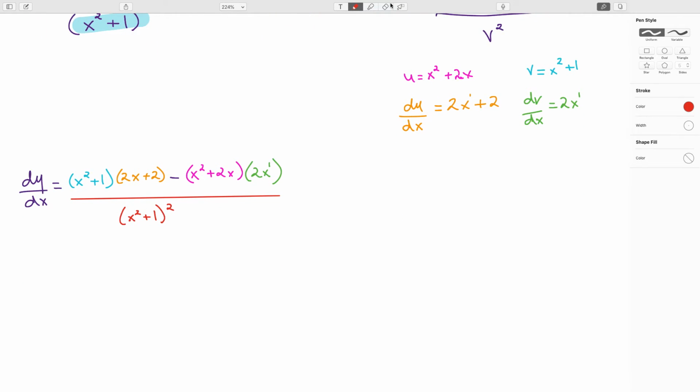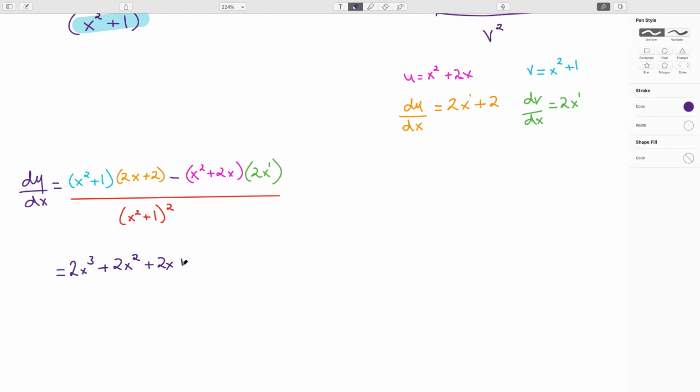And we said all we do then is we multiply out, so we're going back to our algebra skills. So make sure you've brushed up on multiplication and division in algebra. So what we're doing is we're multiplying these two out. So we get x squared multiplied by 2x. That gives us 2x cubed. X squared multiplied by 2 is plus 2x squared. Plus 1 by 2x is 2x.